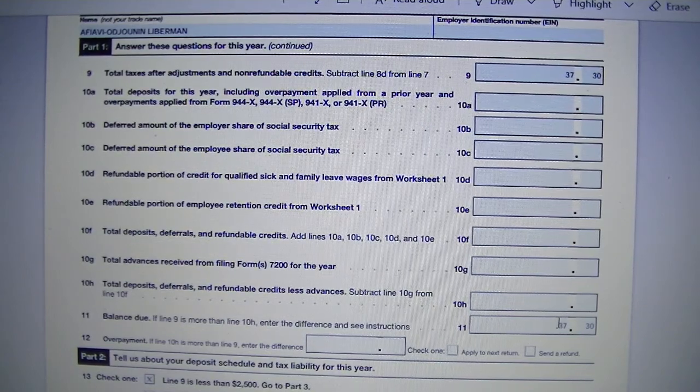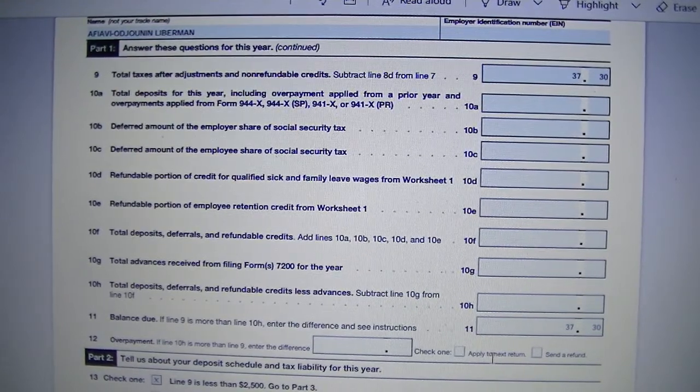But if your line 10H is more, that's the deposits, the refundable credits, and the advances. If it's more than your total tax after adjustment on line 9, then you'll put it on line 12 overpayment, and you check one of the two boxes, apply to next return or send a refund. You check either one that you want for your business to get the refund or to apply it toward the next return.